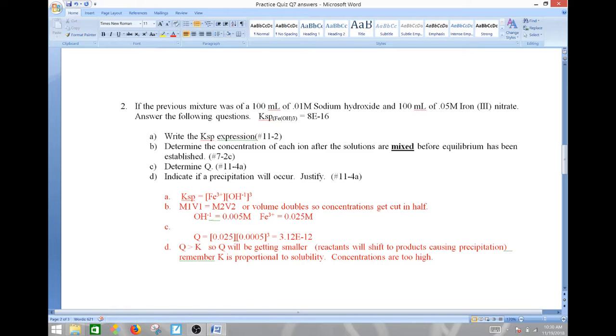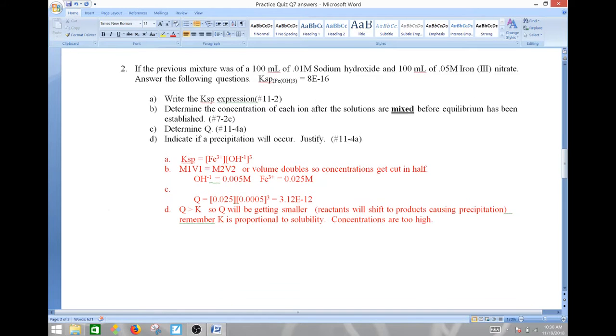All right. Then determine Q. We're going to plug in our concentrations here, 0.025, 0.005, don't forget to cube it. There you go.